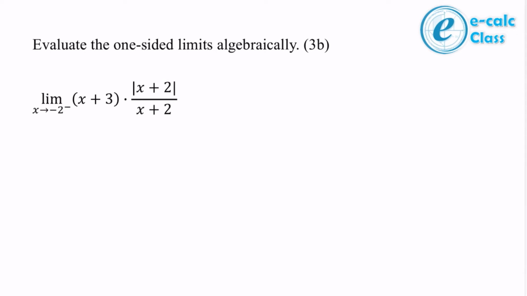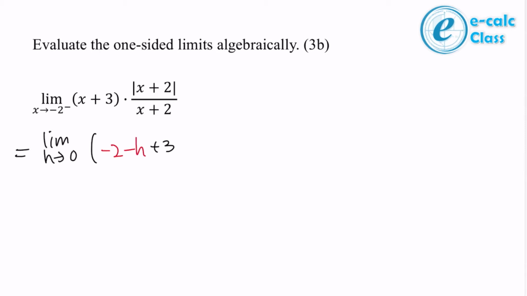And now look at this question 3b. It's exactly the same function, just that this time we are approaching from the left. Then it's actually the same procedure. Just take the limit, h approaches 0. If it is from the left, remember it is c minus h.